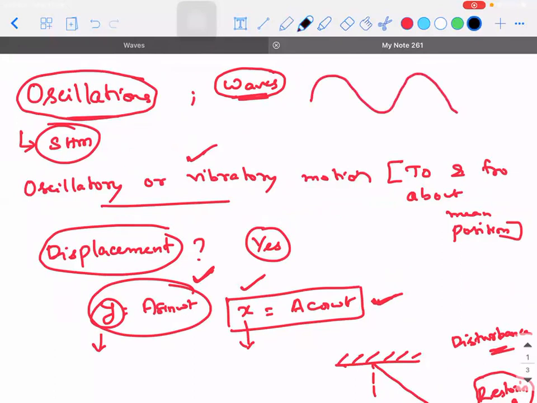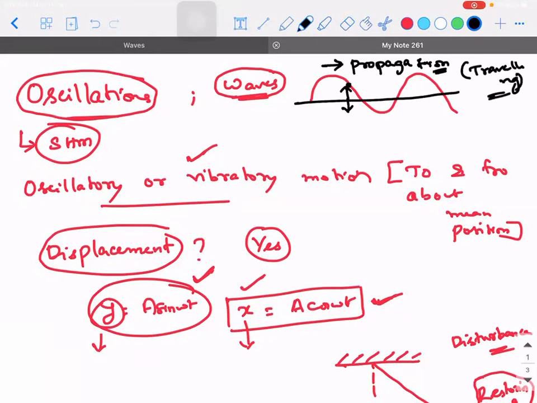If this is the path of a particle, and I take this black dot to be one of the particles, can I say it is a disturbance where the particle has oscillatory motion and is also propagating? Propagating means traveling.